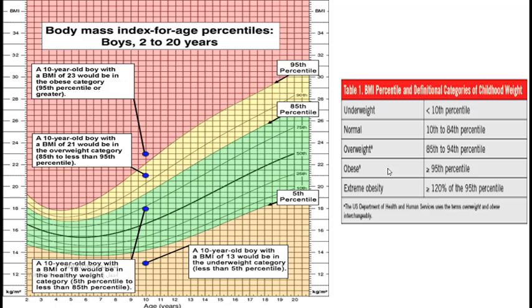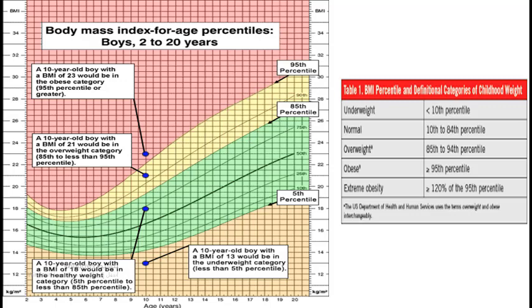Under the 10th percentile indicates underweight, and between the 10th and 85th percentile indicates the normal range.